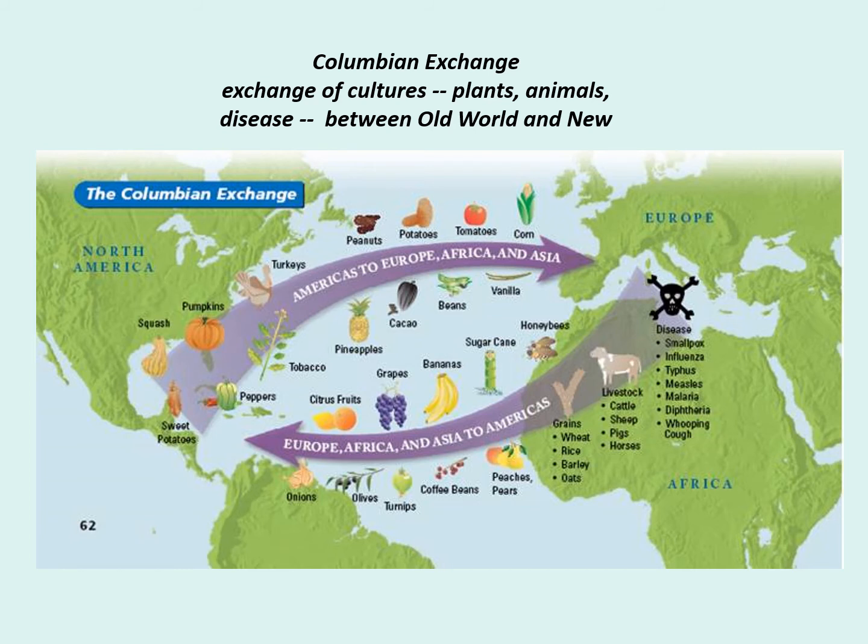This whole thing is called the Columbian exchange, an exchange of cultures, plants, animals, and disease between the old world and the new. It doesn't take place just with Columbus. This is several centuries of exchanging and discovering new plants, animals, and the impact of disease. But they call it the Columbian exchange because with Columbus's voyages, that's where it began.